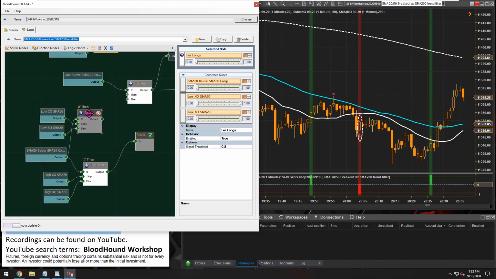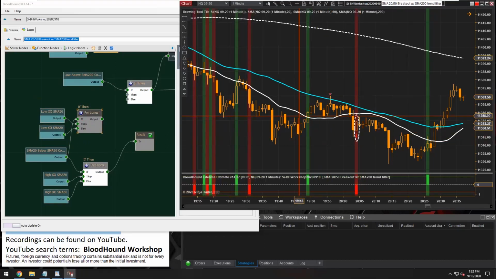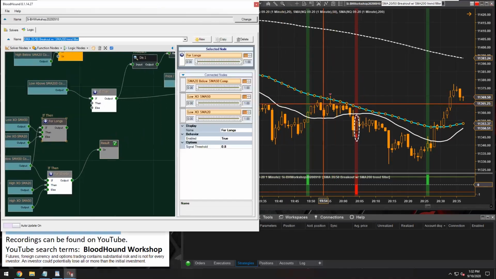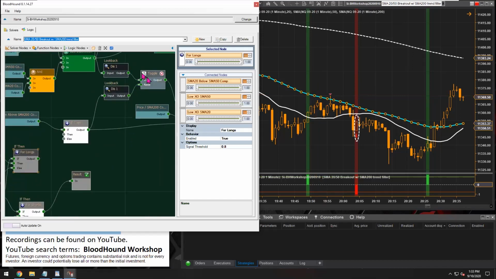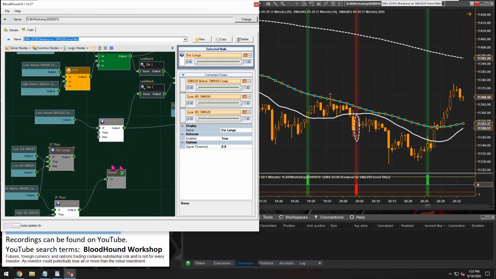So we're using if-then nodes to figure out, do we want to see crossover signals from the SMA 20 or from the 50, right? We only want one or the other. That way, when price is crossing the other SMA, those crossovers will no longer be turning off the toggle node here.